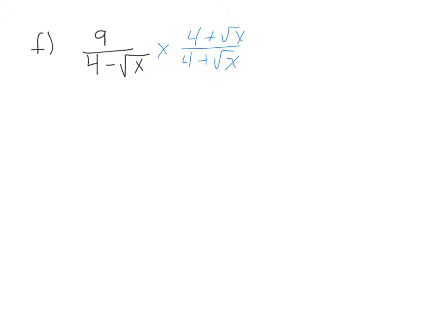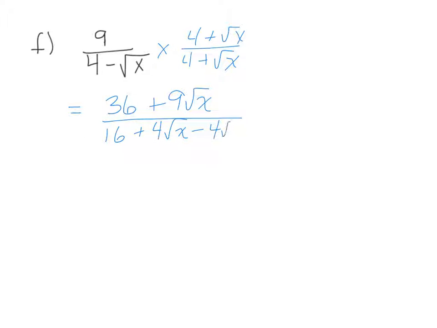So this is going to be 9 times 4, 9 times root x. And then on the bottom, 4 times 4 is 16, plus 4 root x minus 4 root x, and then minus x.